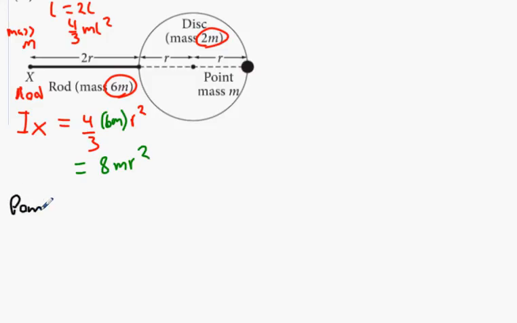What's the formula for the inertia of a point mass? Normally, it's md squared, where d is its distance away from the axis, or mr squared, where m is its mass. What's its mass this time? It's m. How far away is it from the axis?